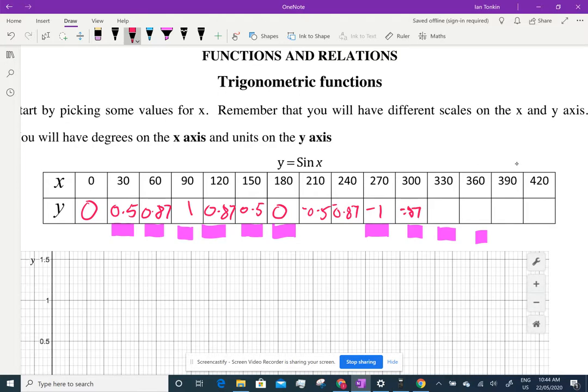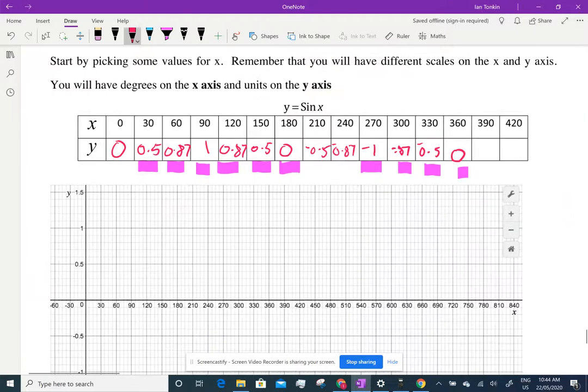Sine 330. I don't need my calculator anymore. Sine 360. Now I'm not going to do the last two because I'm going to graph this now.